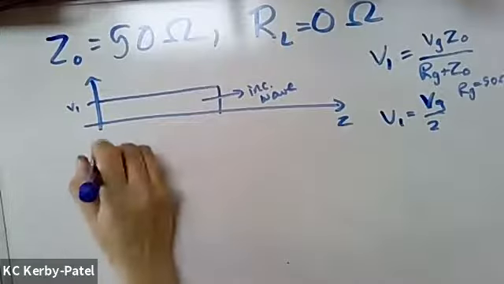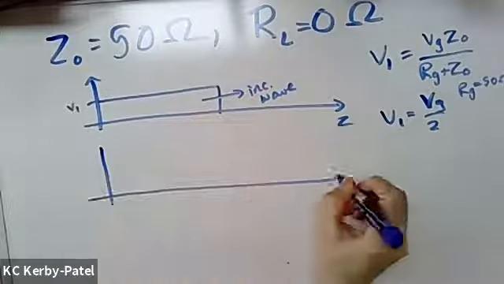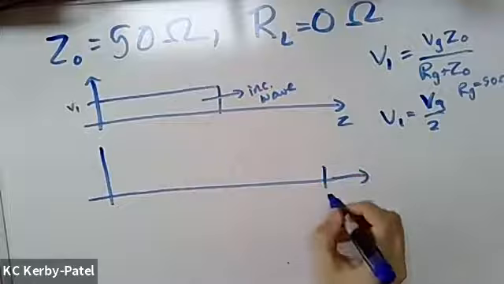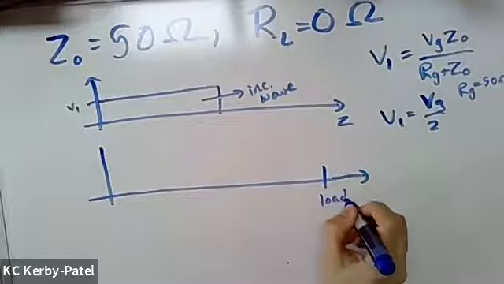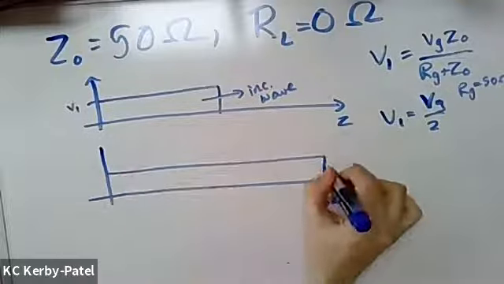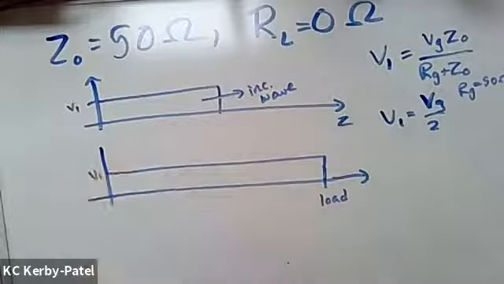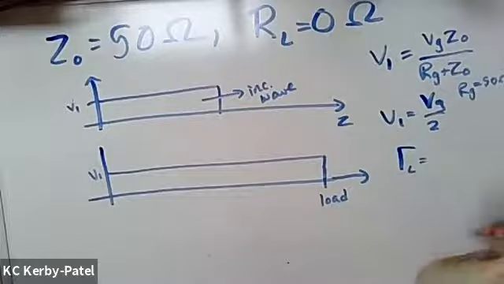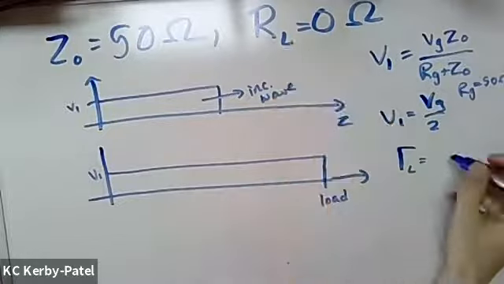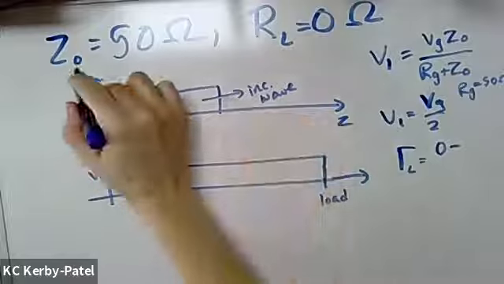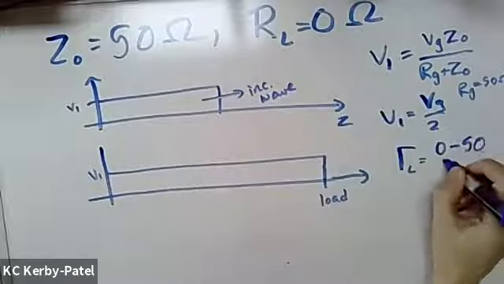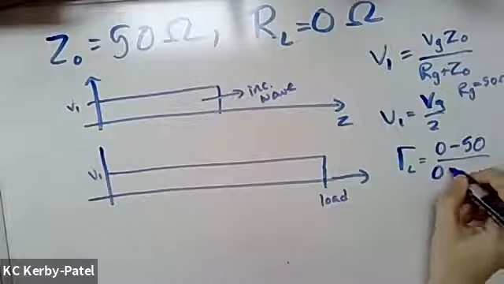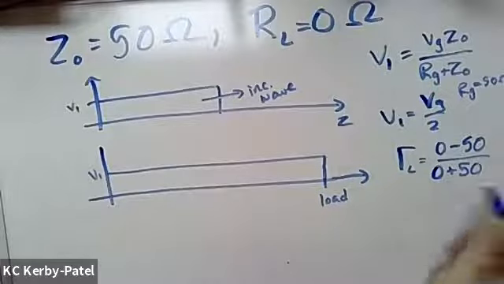When it hits the load, right, the incident wave front makes it all the way down to the load. And it still has height V1. The reflection coefficient is going to be the load impedance minus the characteristic impedance divided by load impedance plus characteristic impedance.